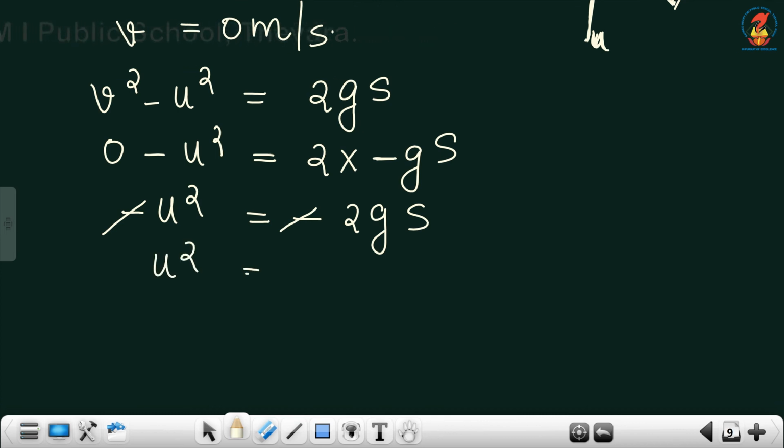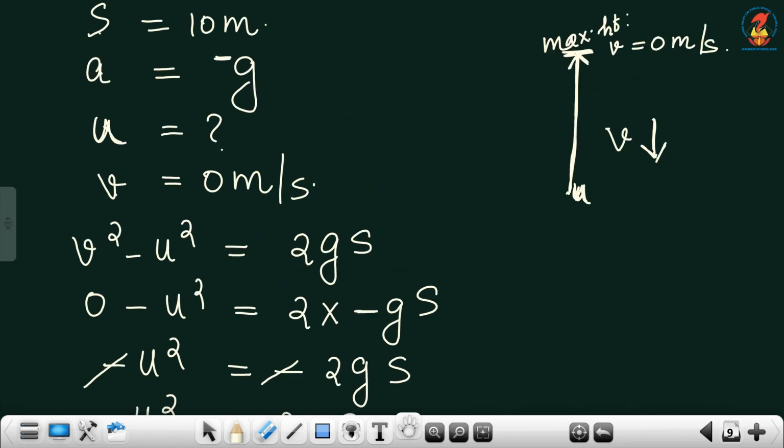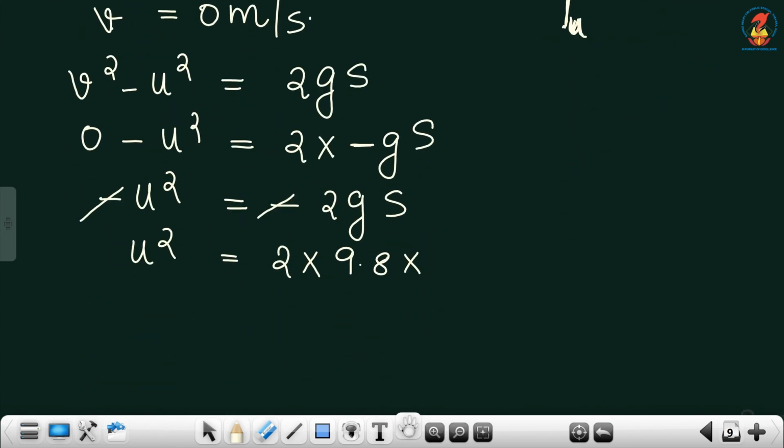So, u square is equal to 2 into the value of g, acceleration due to gravity, 9.8 meter per second square, and height is given in the question as 10 meter. So, u square is equal to 2 into 9.8 into 10, you will get 196.